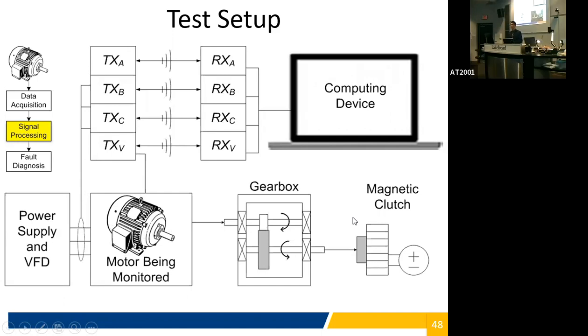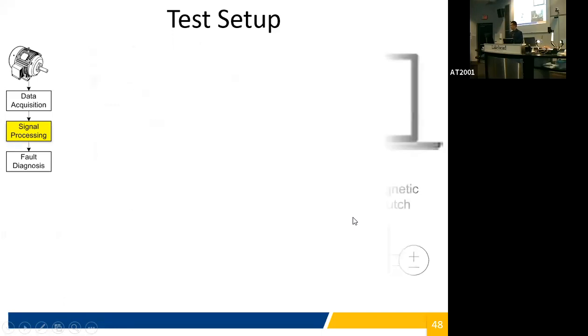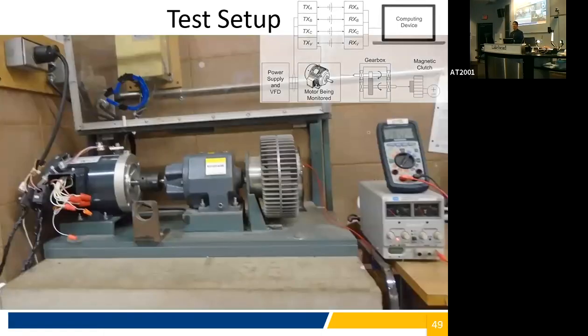connected to a motor, which is connected to a gearbox controlled by magnetic field. The actual picture of that diagram looks like this, and so we got the motor here, coupling, gearbox, and the magnetic clutch that acts as load. So if we increase the current to the magnetic clutch, we increase the load.